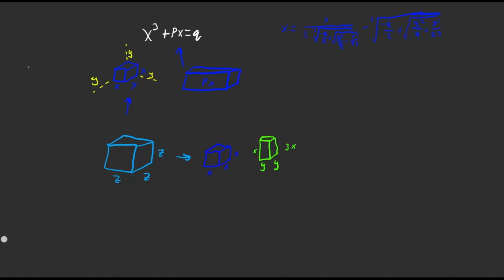And we also have a rectangular prism again, but sideways, that has dimensions of x by x by y, where we have three of these as well. And finally, we have a small y cubed block with dimensions y by y by y.